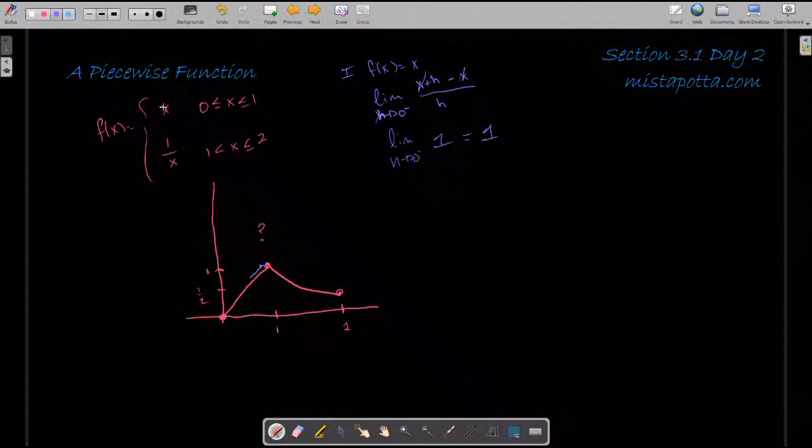I know that because that's the coefficient of x. And the slope is determined by the derivative. But if I try and do the same thing with this 1 over x curve, as I approach x equals 1, I need to look at the right-hand derivative, or the limit as h approaches 0 from the right.